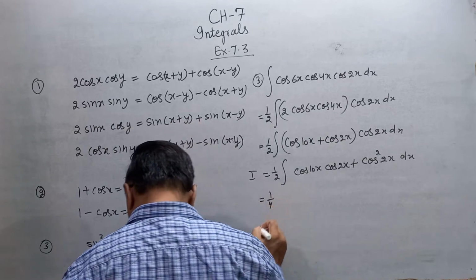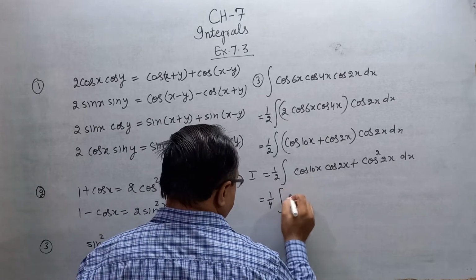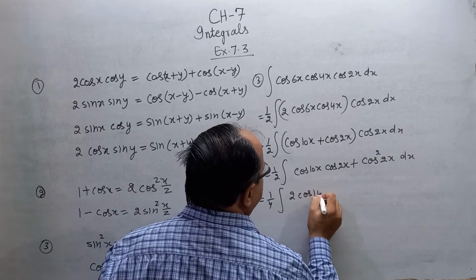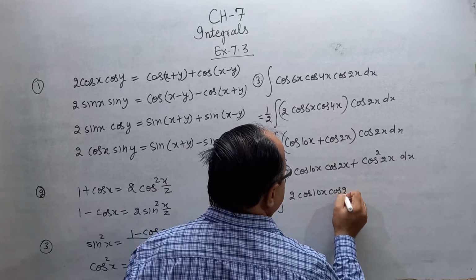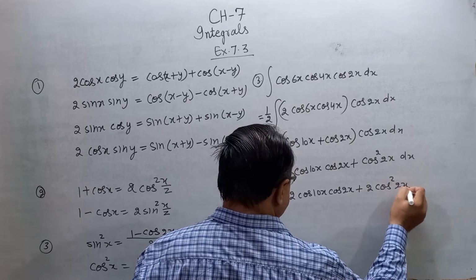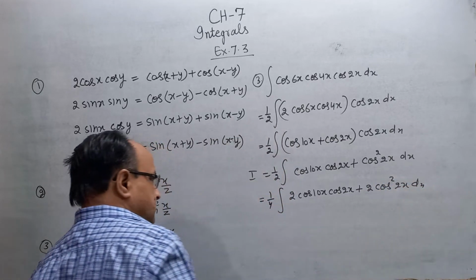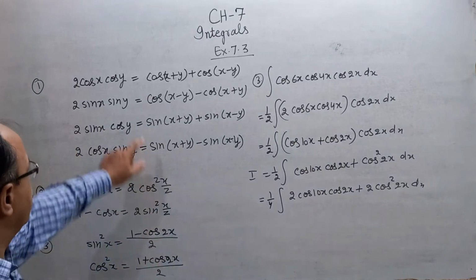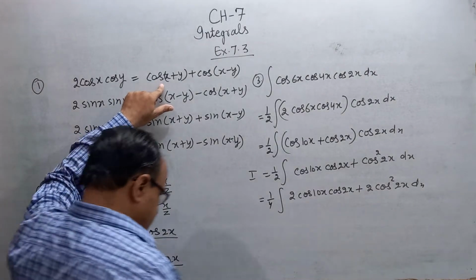That is 1 by 4, 2 cos 10x cos 2x plus 2 cos square 2x dx. Clear? Now again apply this formula to cos x cos y.